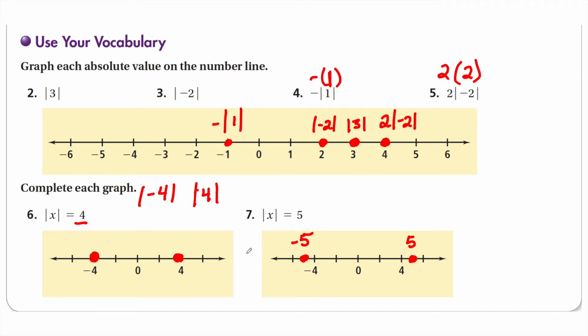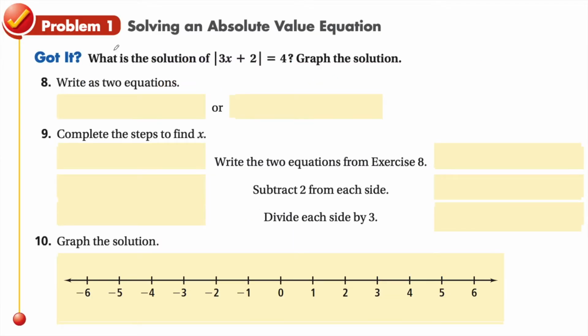Because the absolute value of negative 5 will also work for this problem. Now, using that idea, what is the solution of the absolute value of 3x plus 2 equals 4? And then we have to graph the solution. So we have to write it as 2 equations because, like we said, you can have the negative version as well as the positive version. So what we need to make sure is whatever is on the inside of the absolute value has to equal a positive 4, or it could possibly equal a negative 4.